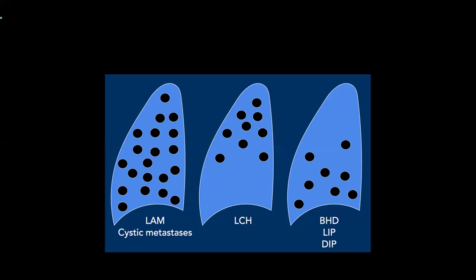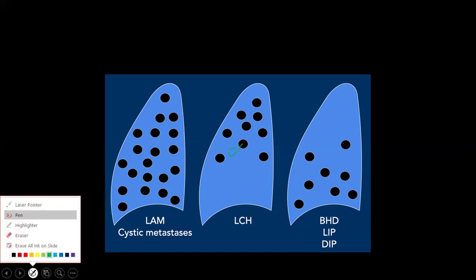Now next is LAM, in which you can see multiple symmetrical cysts, of equal size, not much variable size, throughout the lung parenchyma, and they are not sparing any periphery, right? However, in LCH, the cysts would be very much bizarre shaped, right?